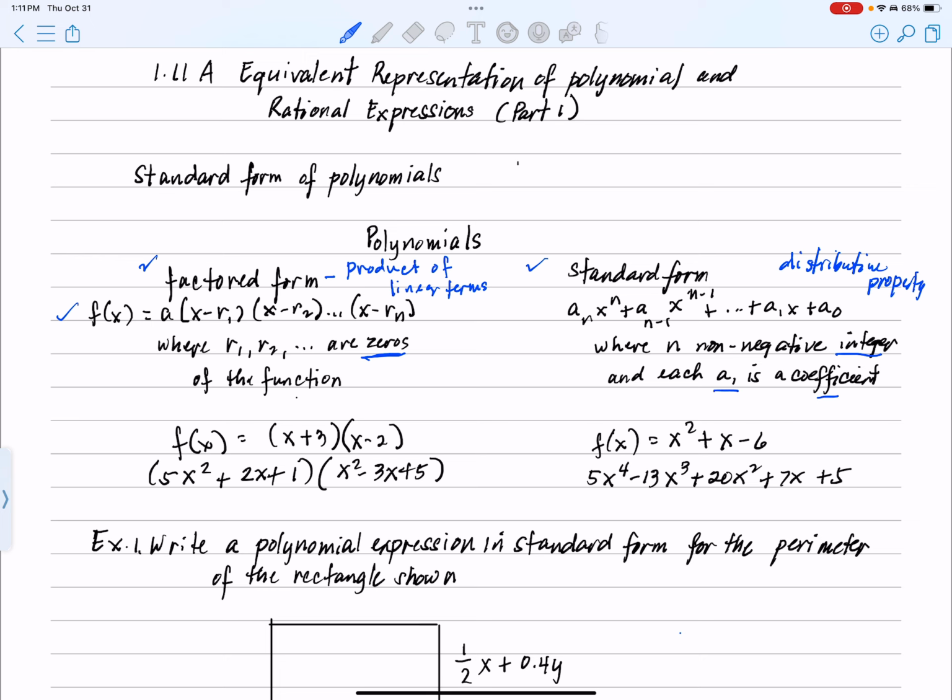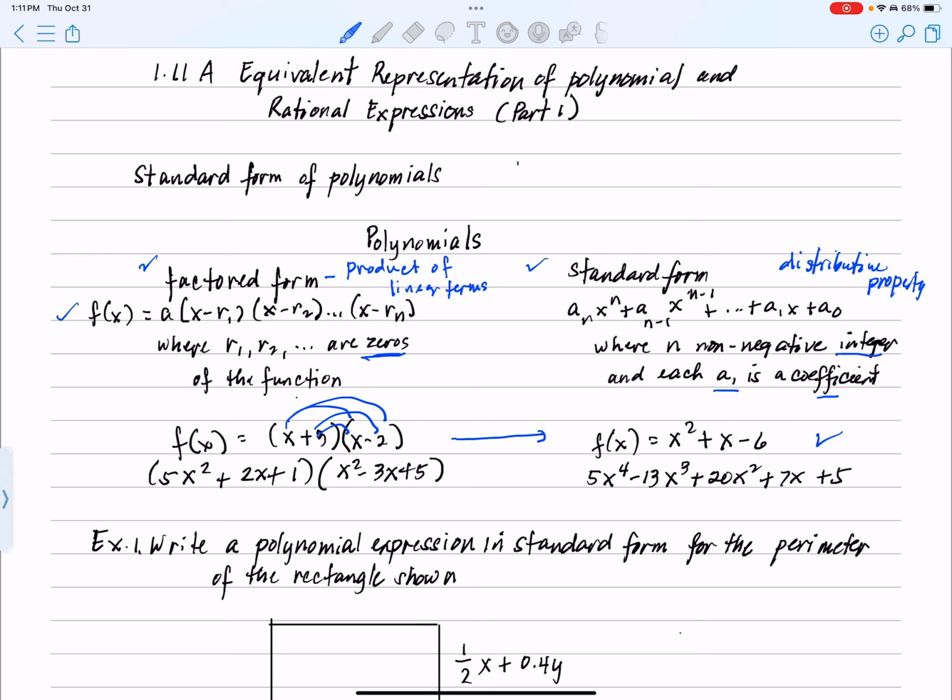I have an example here: f of x equals x times x plus 3 times x minus 2. If we want to convert that to standard form using the distributive property, using FOIL, we come up with f of x equals x squared plus x minus 6.